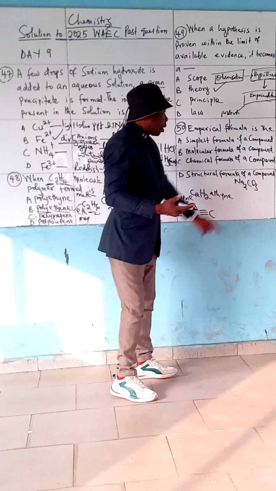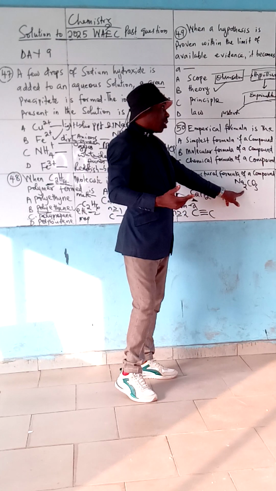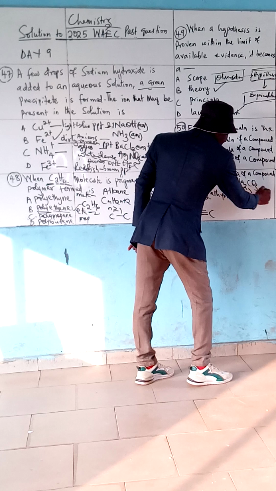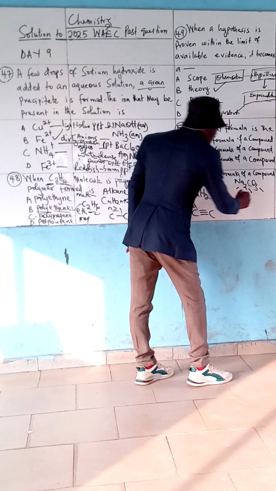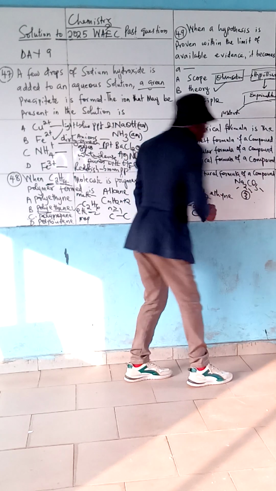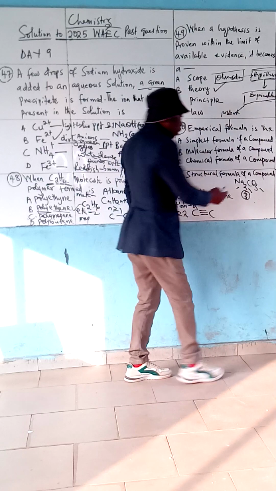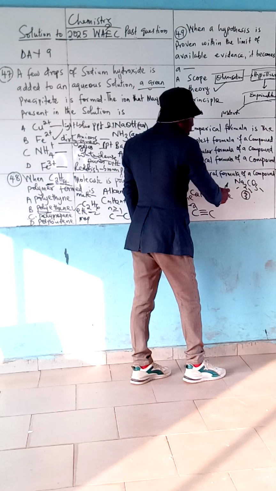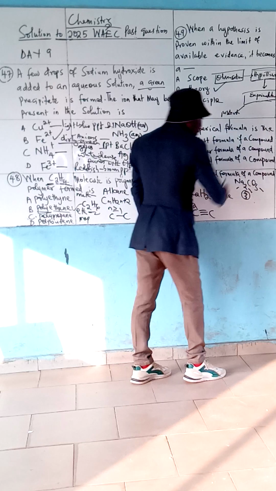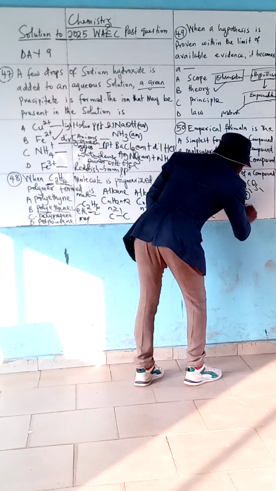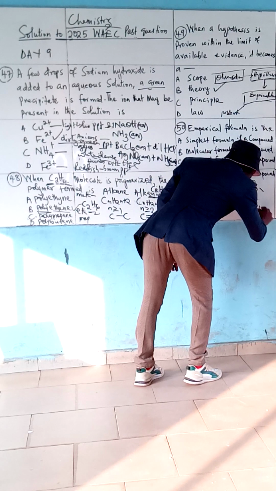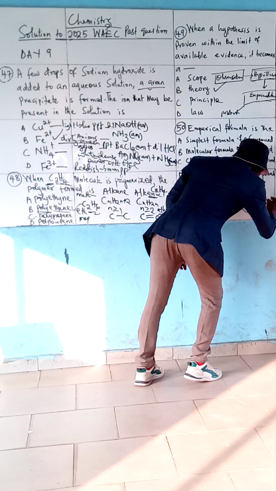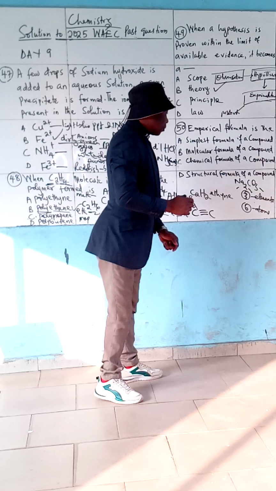Then if I ask you how many elements are present in this compound, we have sodium, we have carbon, and we have oxygen. So there are 3 elements in this compound. But how many atoms? Sodium occurs in 2 atoms, carbon occurs in 1, oxygen occurs in 3. 2 plus 1 plus 3 will give us 6. So there are 6 atoms and 3 elements in this compound.